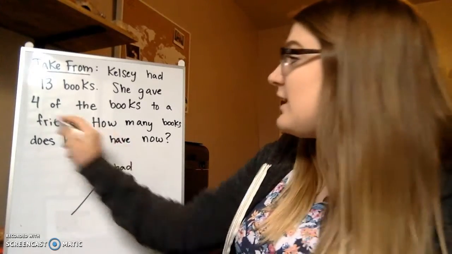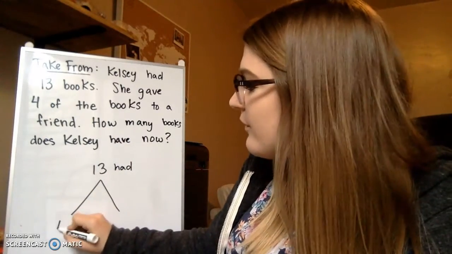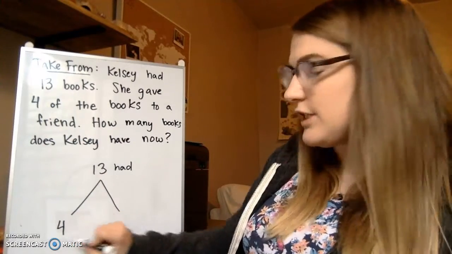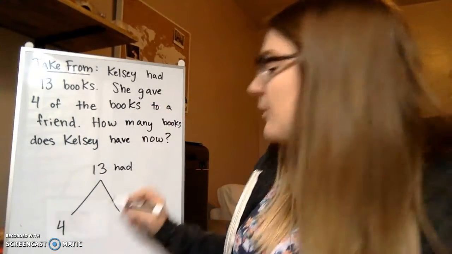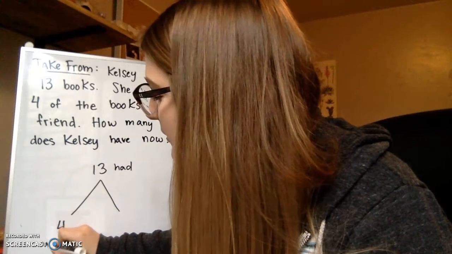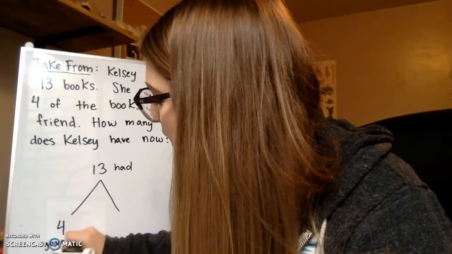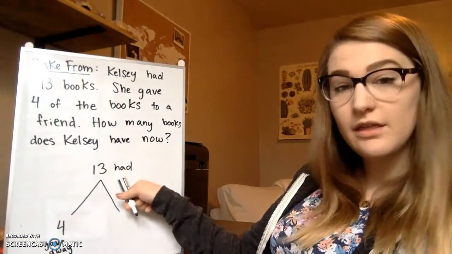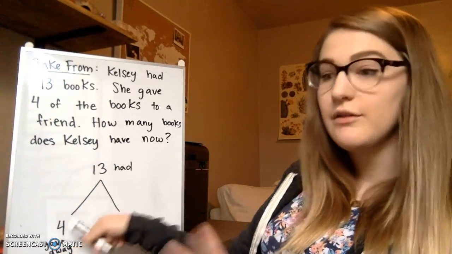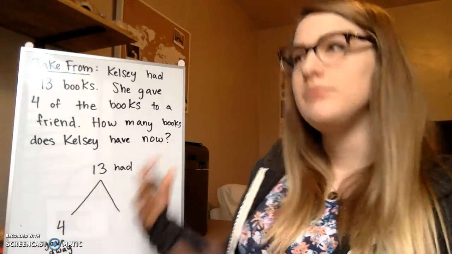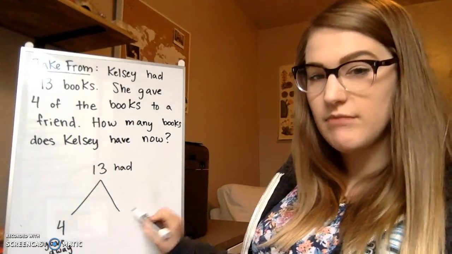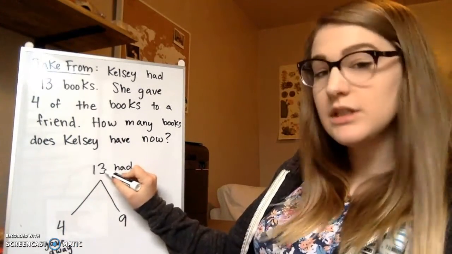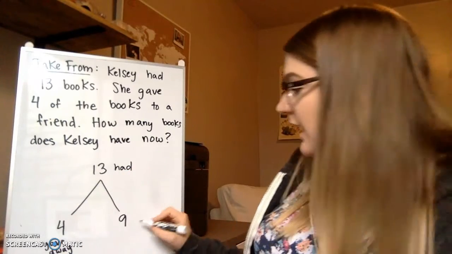So I'm going to say 13 is how many she had. Okay? And then I know that she gives 4 of the books away to a friend. So just to keep track of what's happening in the word problem, I'm going to label this gave away. So she had 13, she gave away 4. So what am I going to put here as this addend? It's going to be 9 because we did 13 minus 4 to get 9.